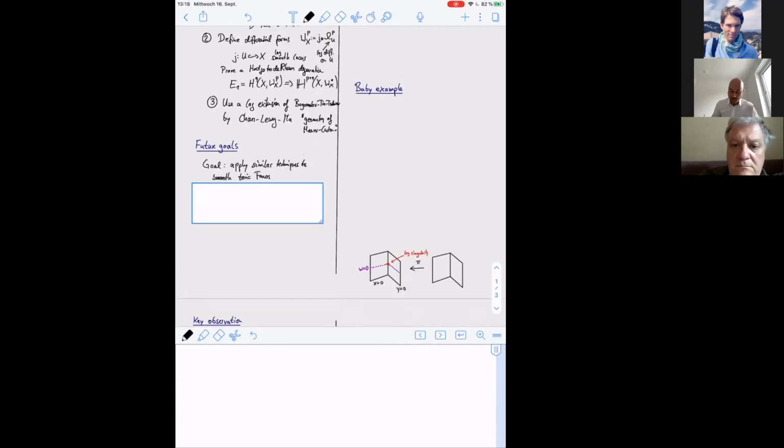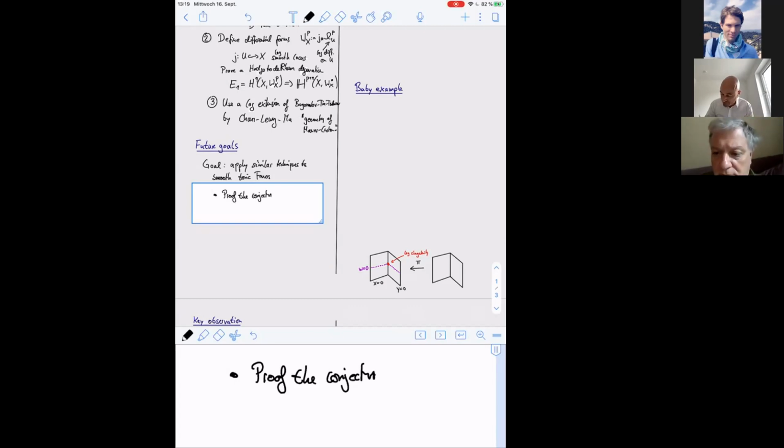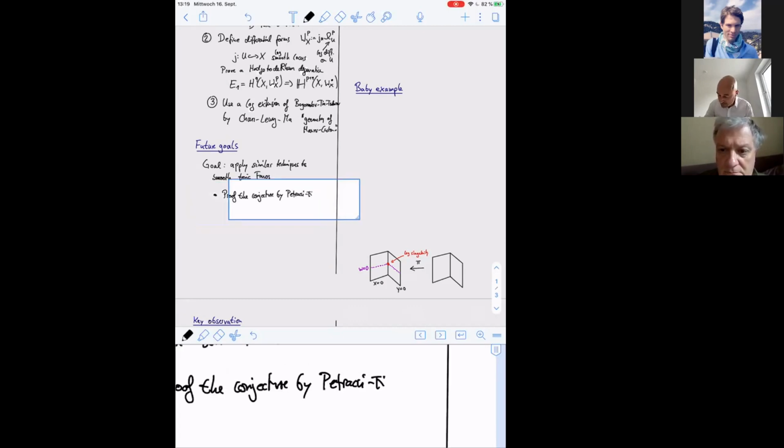So the final goals, maybe I can give you three dots of what should be achieved. One is to prove the conjecture that we just learned about by Petracci, Filip, and Corti.